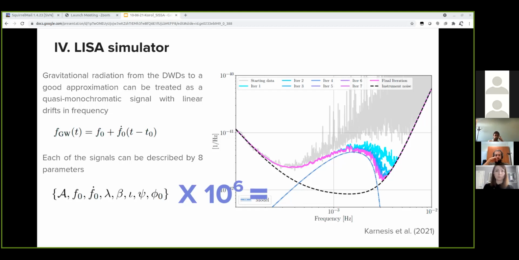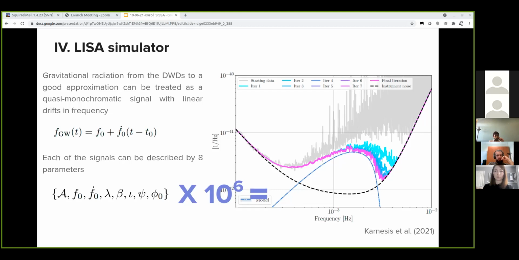And already from there, you can imagine that it is difficult to identify the true number of signals at any given frequency. So several techniques have been developed to address this specific challenge by the LISA data analysis group and separate groups as well. A few pipelines are available to address this problem.